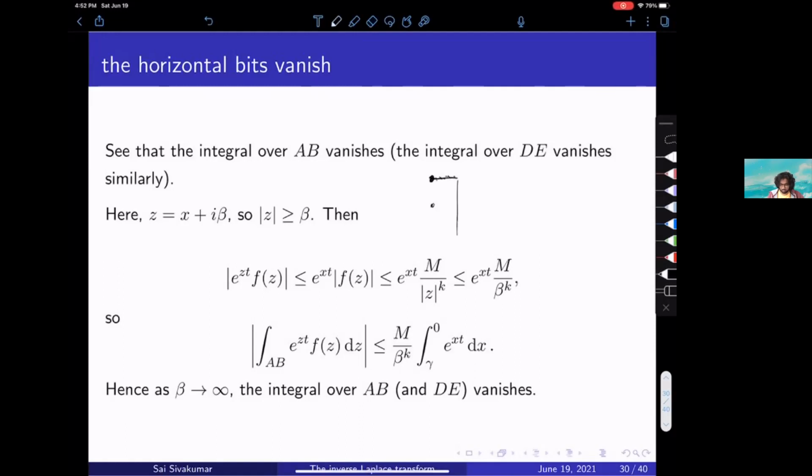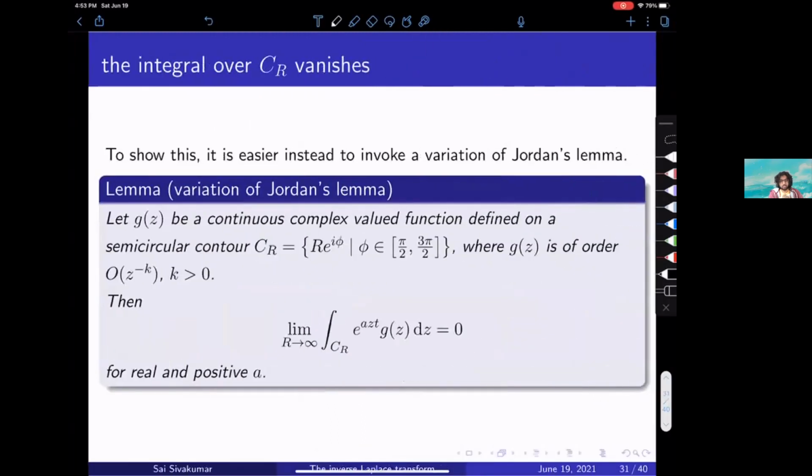This is almost identical, except if you notice here, we have 0 and gamma instead of gamma and gamma prime. Again, this thing is finite, doesn't matter. So if you take beta to be very large, this thing will shrink. And you can do the same thing for DE, except maybe some minus sign shows up somewhere, doesn't really matter. So those two horizontal bits vanish.